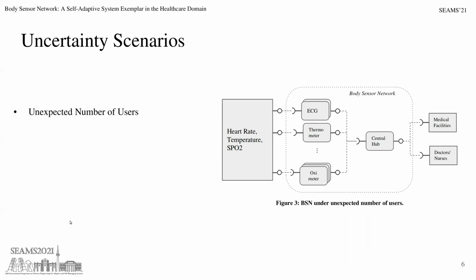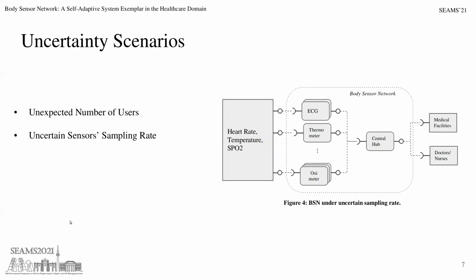In this scenario, the number of vital signs providers, or the patients, increases, and so does the number of sensors collecting the vital signs. If the central hub is not prepared for this demand, the emergency detection might be slowed down or even crash, which is unacceptable for a safety-critical system.